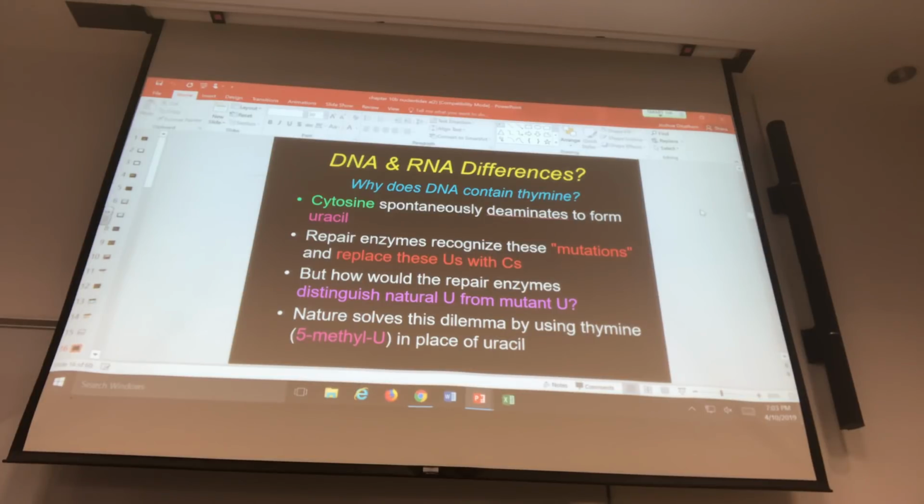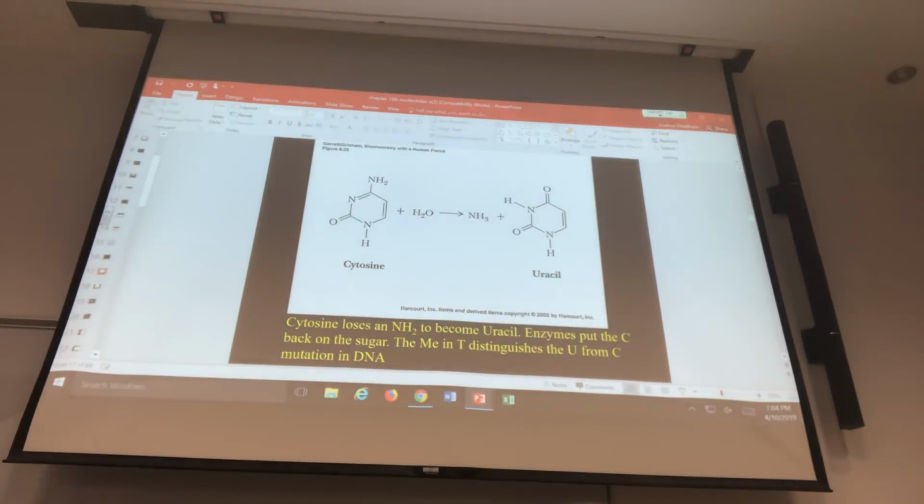However, most of the time, we have repair enzymes that are constantly patrolling your DNA to look for whether something turned into uracil. The way it figures this out is if it finds a compound that looks like thymine but doesn't have a methyl group, it knows that that's actually uracil. And it knows that what used to be there is cytosine. So it removes the uracil and puts in cytosine.